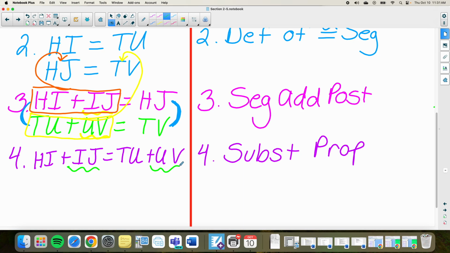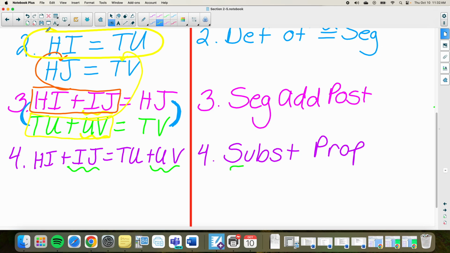Okay, now in the ones that we've looked at so far today, these two were identical and we could subtract them away. What would be really nice is if we could get those two to be the same. If you look up here, right here, they are the same. So I can either go down and change the HI to TU by substituting it, or I could change this TU to HI by substituting it.